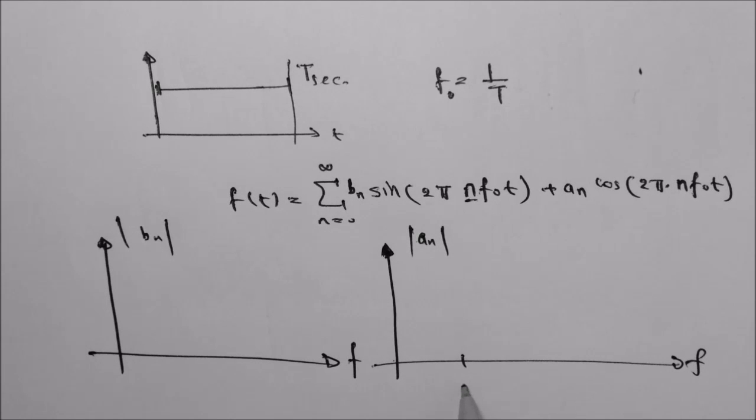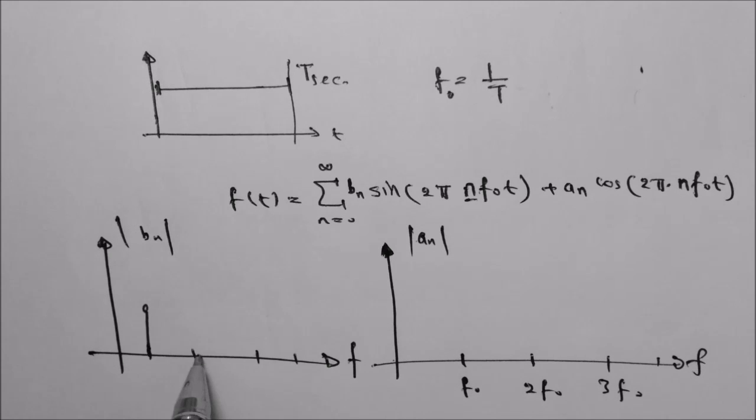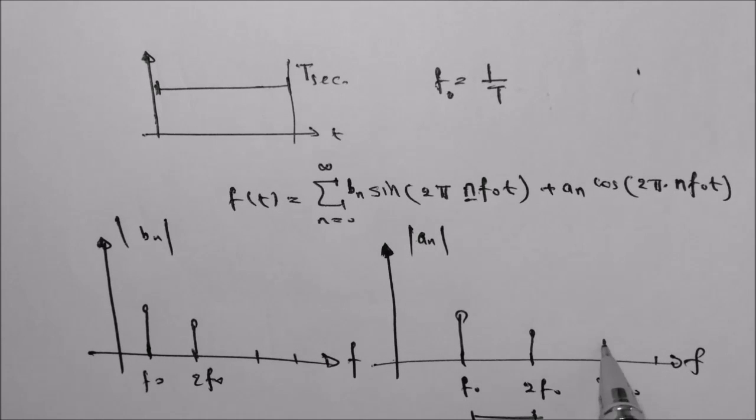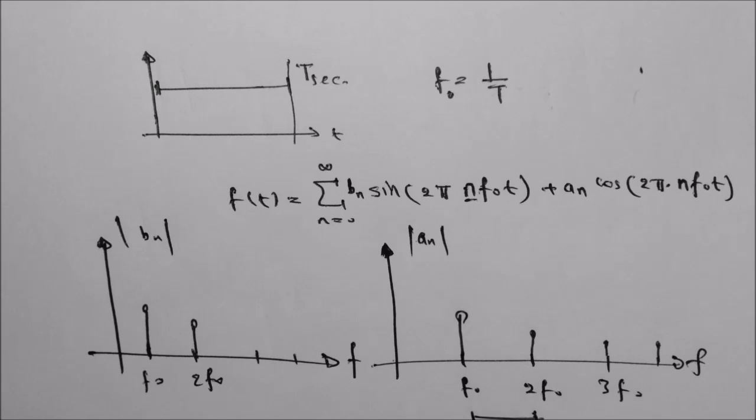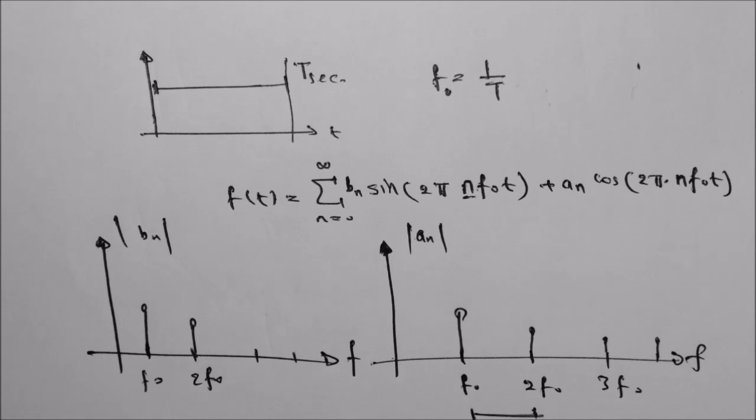It has an f naught Hertz fundamental component, 2f naught, 3f naught, and so on. So it also has a discrete spectrum. It doesn't have any other frequencies between those frequencies, for example. It only has those discrete frequencies, as we showed earlier.